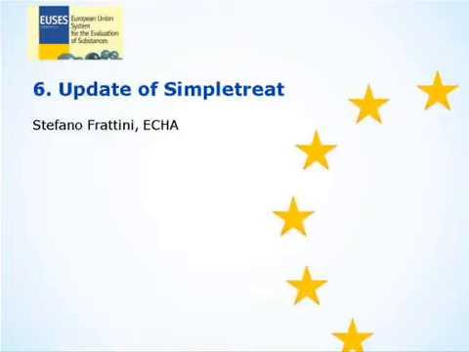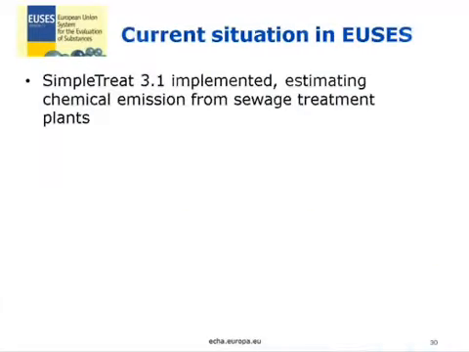And then I pass to another topic that has already been mentioned somewhere before. That is the update of SimpleTreat. The current situation is that we have SimpleTreat version 3.1 implemented in EUSES, estimating the chemical emission from sewage treatment plants.